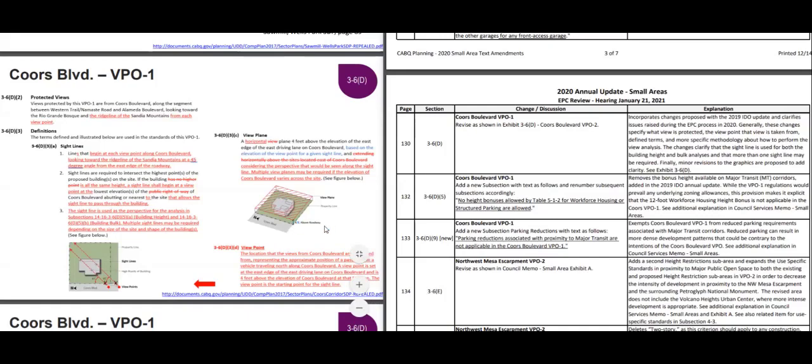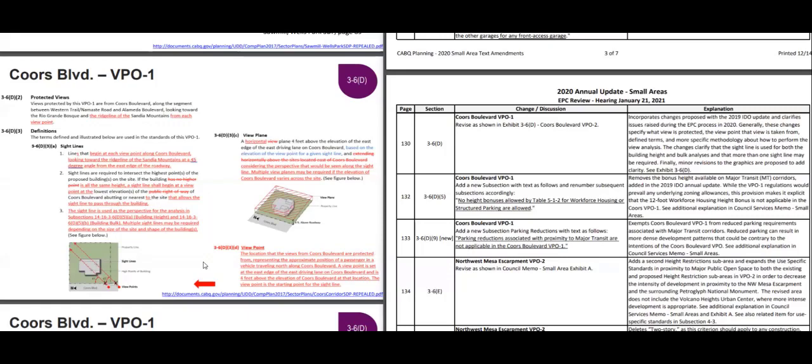Multiple view planes may be required if the elevation of Coors Boulevard varies across the site. So this shows starting at the elevation of Coors, going up 4 feet, and then it's a plane that basically is horizontal to the earth.